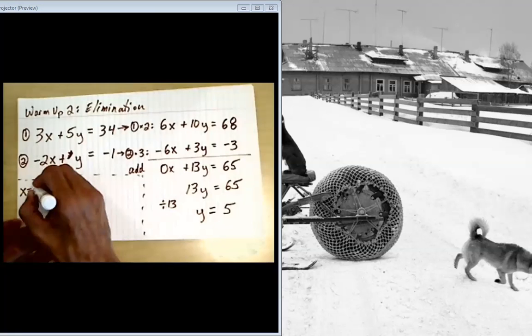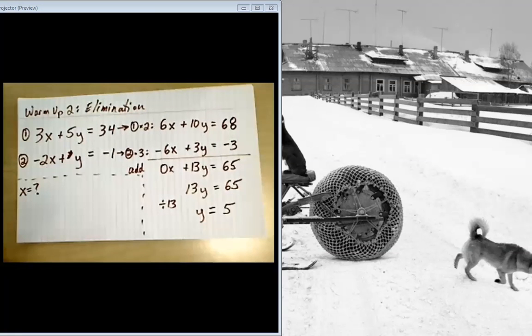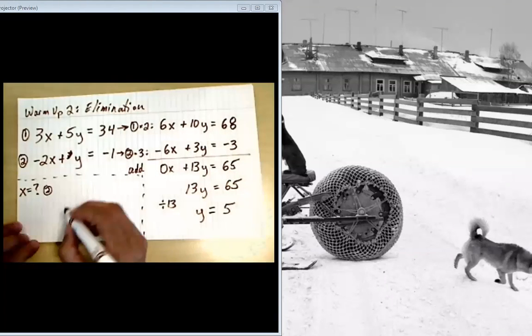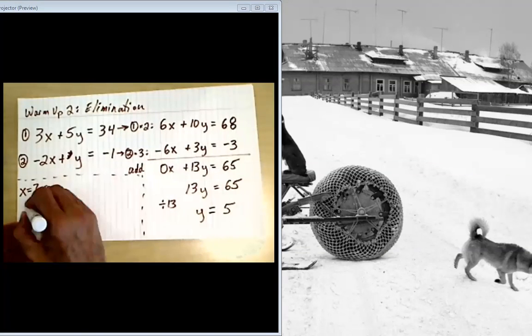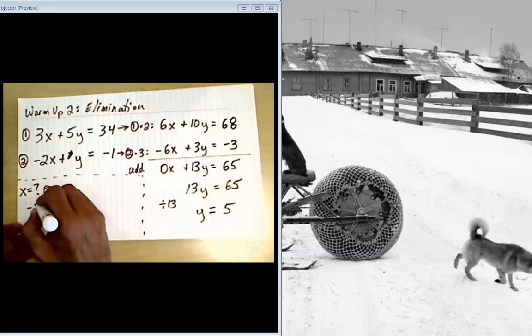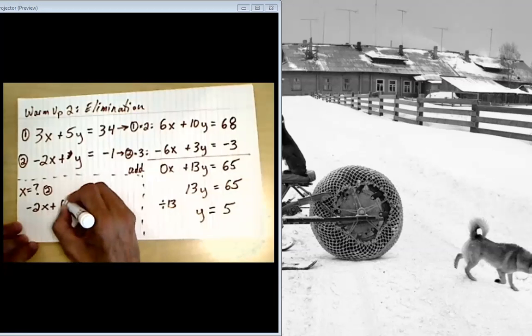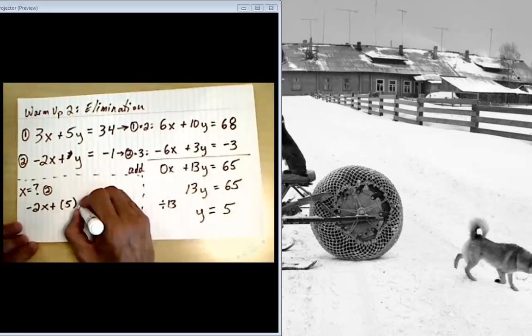We can use equation 2 or 1. Equation 2 sounds good to me. Minus 2x plus 1 in brackets 5, to show it's being substituted in there, equals minus 1.